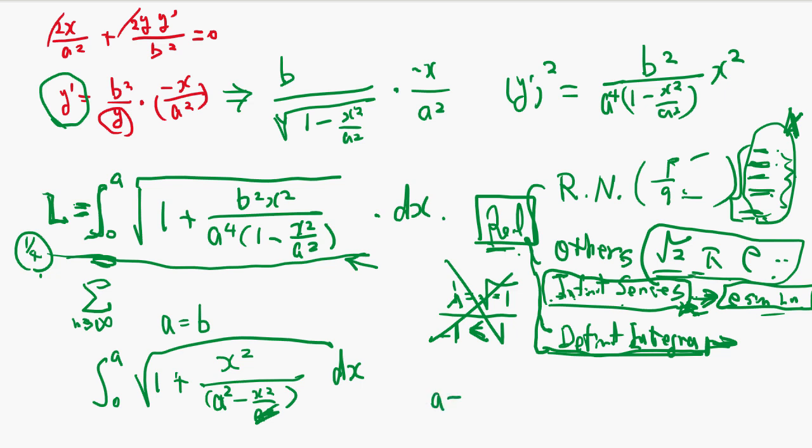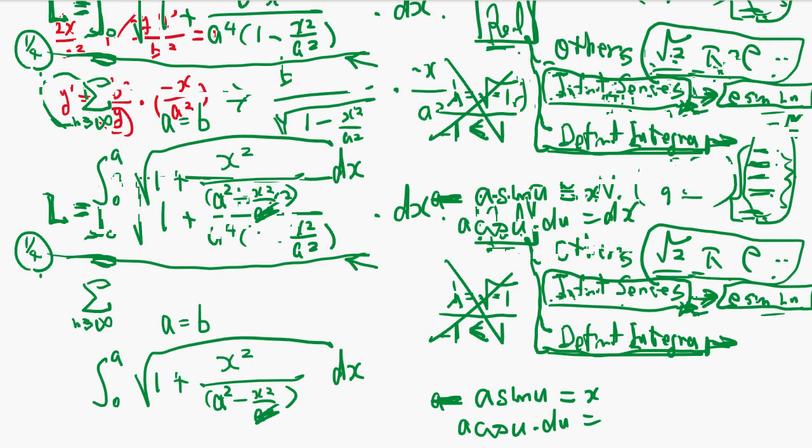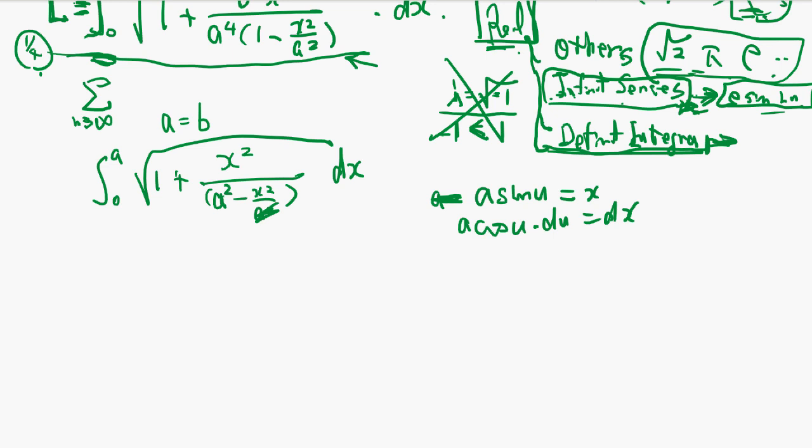For example, we take this one, a sine u equals x, right? Then a cos u du equals dx. Okay, so it looks like this one we can do the integral here.